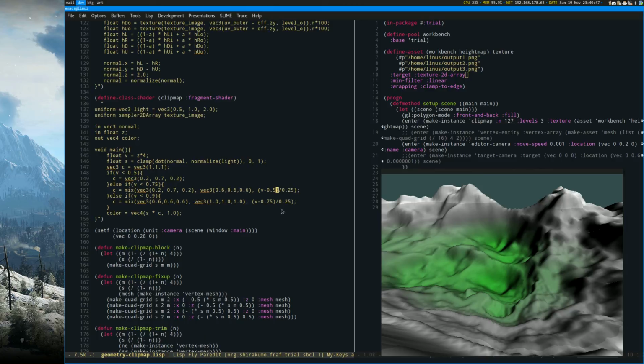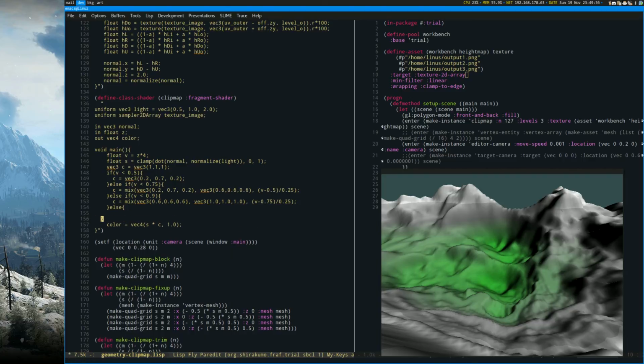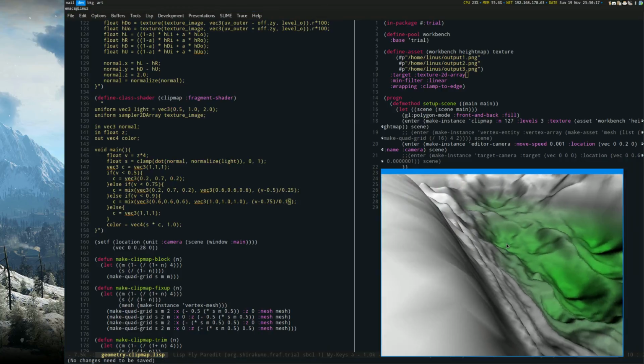Yeah, and then go from 0.75 to 0.9. And otherwise it's missing... It's just, yeah, 1. Okay. No, that's... let me just copy that so it makes sense to me. So that's 0.15. There we go, now we got it.